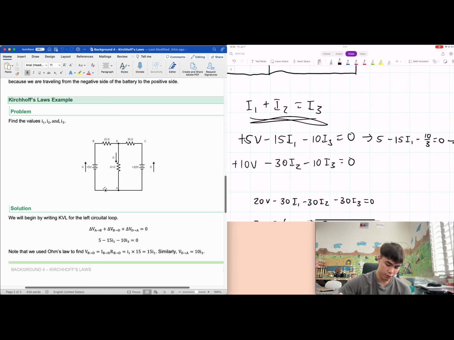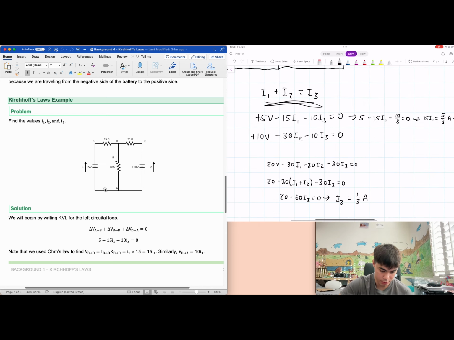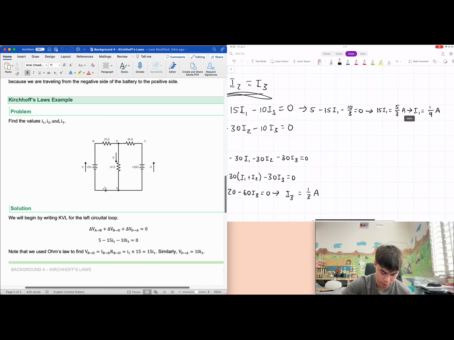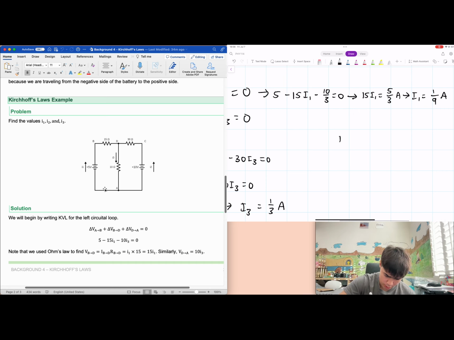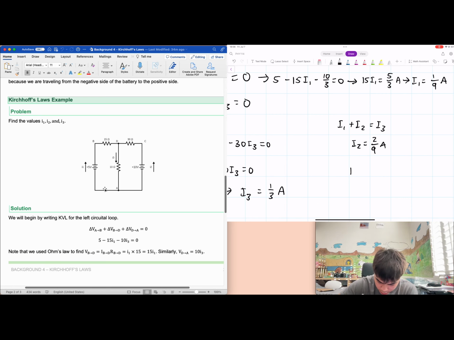Then using I1 plus I2 equals I3 again, we have I2 equals 2 over 9 amps.